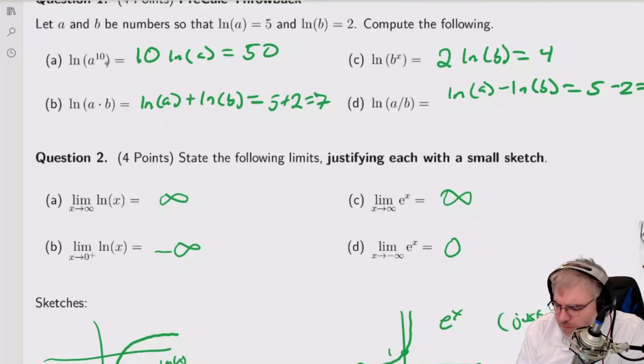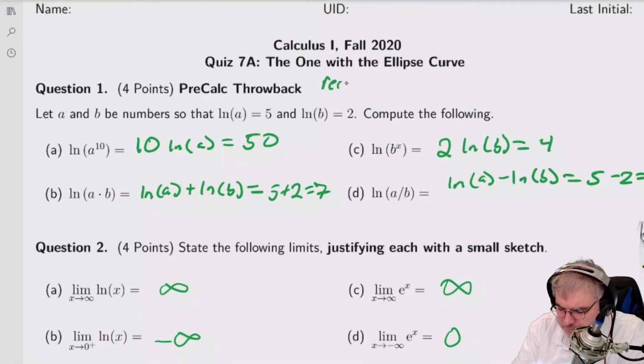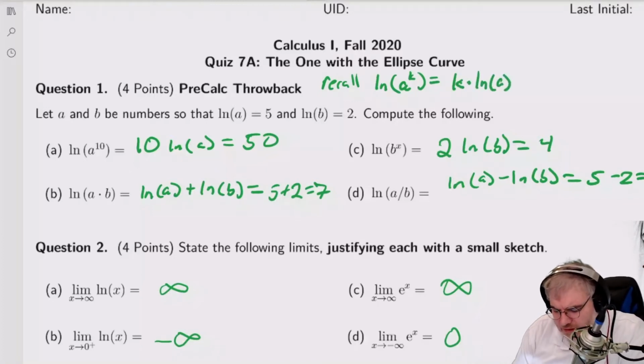So remember the rule of exponents, ln, recall the following rules: ln of a to the k equals k times the natural log of a. So I pull the 10 out, and I wind up with 50.